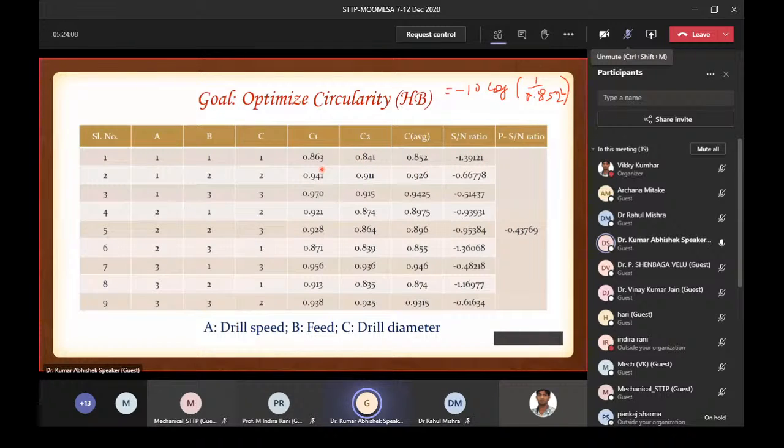You can also find out the SN ratio for this one. What I have taken is first the average.